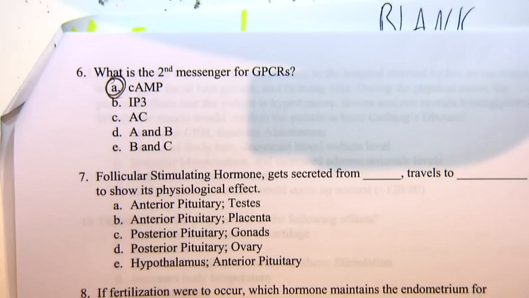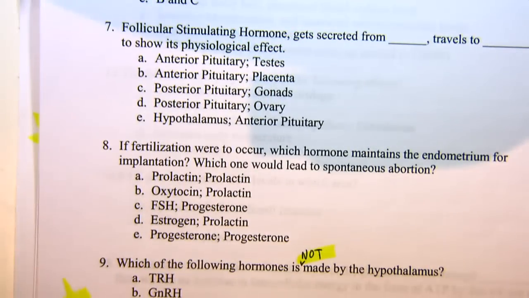Second messengers are good to know, and what they're coupled with. GPCRs, the G protein coupled receptors, are the ones we usually talk about when we're talking about alpha 1, beta 2, alpha 2, stuff like that. So the answer for that one was A, and let's do number 7.